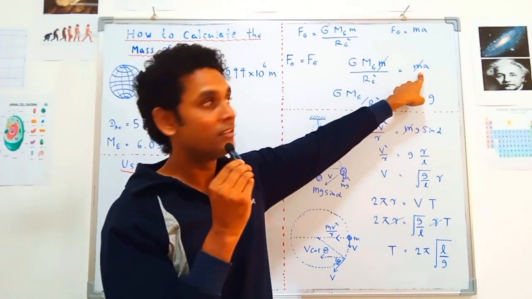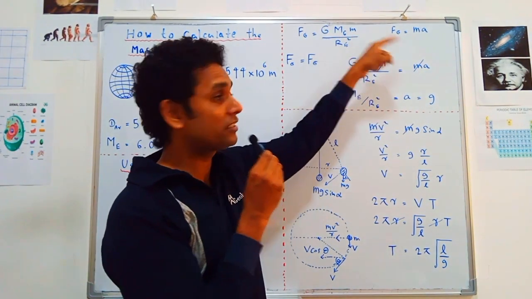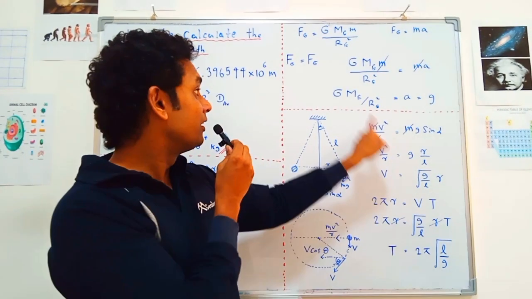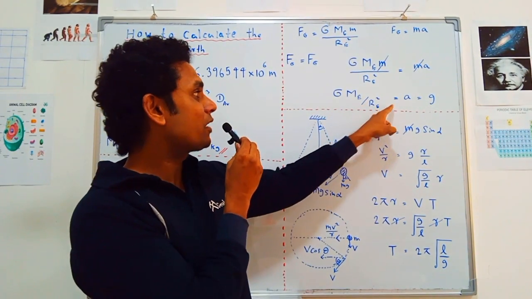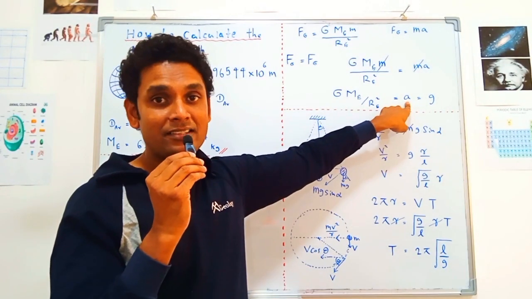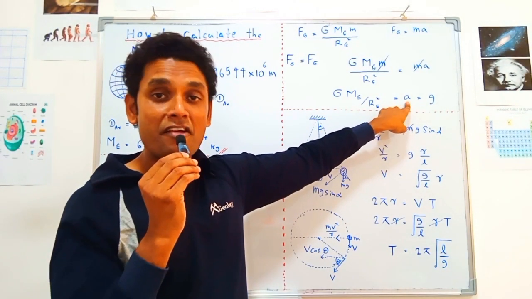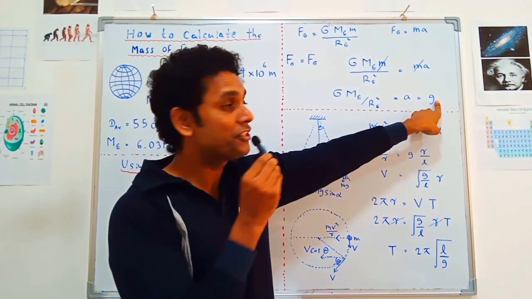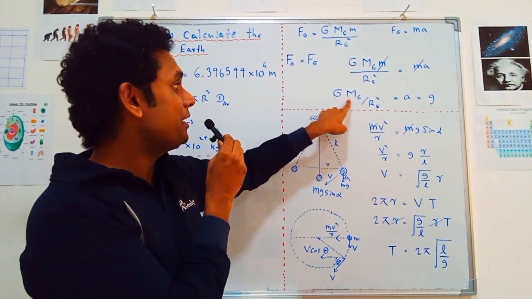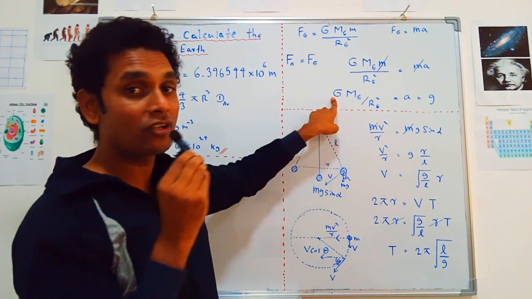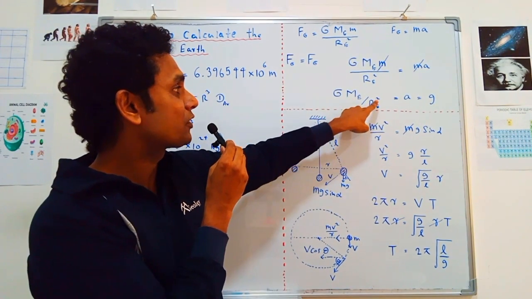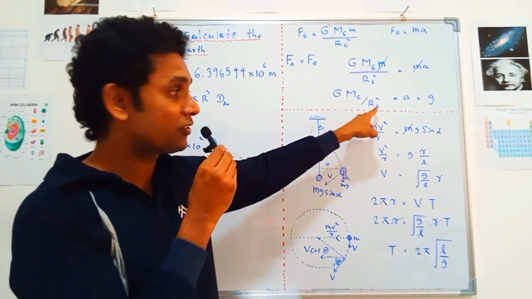The m and m cancel out, so G M_E divided by R_E squared is equal to a. This particular acceleration is called the acceleration due to gravity, or the gravitational acceleration. The symbol is g. So g is equal to G M_E divided by R_E squared: the gravitational constant, the mass of the Earth, divided by the radius of the Earth squared.